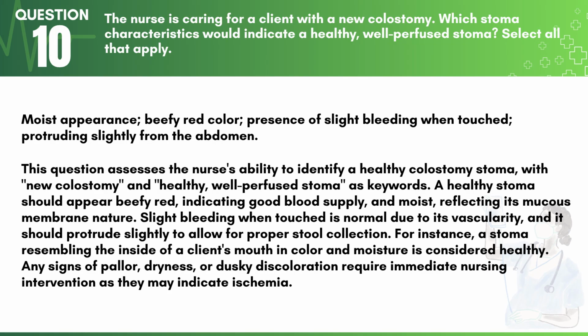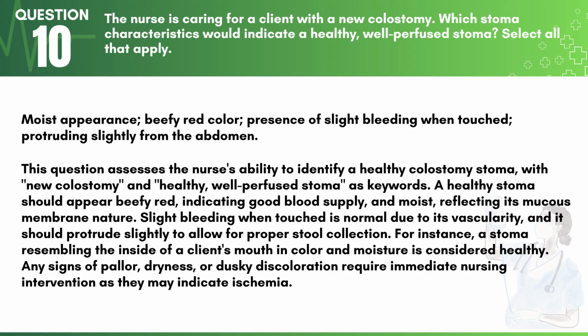Answer. Moist appearance, beefy red color, presence of slight bleeding when touched, protruding slightly from the abdomen. This question assesses the nurse's ability to identify a healthy colostomy stoma, with new colostomy and healthy, well-perfused stoma as keywords. A healthy stoma should appear beefy red, indicating good blood supply, and moist, reflecting its mucous membrane nature.